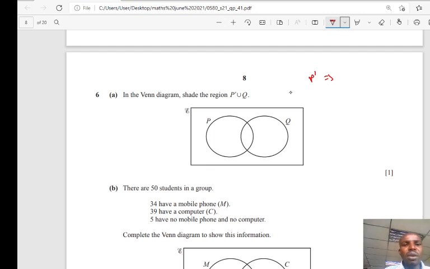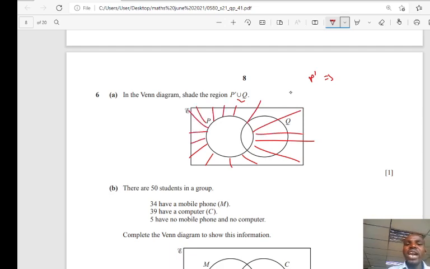Then P complement, so what is combining P complement and what is in Q? Union: everything in P complement combined with what is in Q. Everything in P complement is this one. That's P complement.